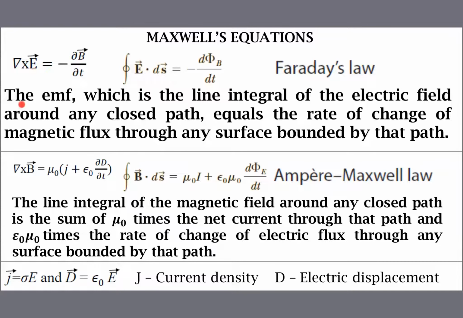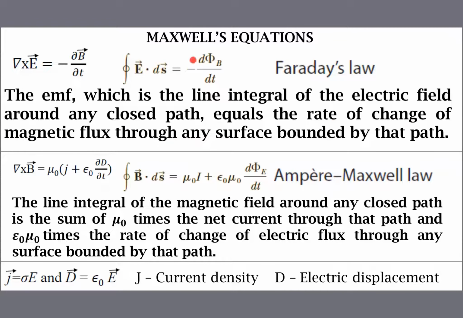So the EMF, which is the line integral of the electric field around any closed path. When you have an integral having a circle, it is a closed integral. So now we are talking about a closed path. It's equal to the rate of change of magnetic flux.